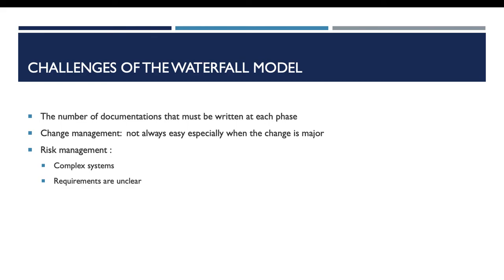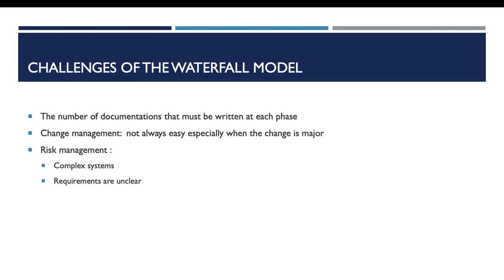And despite the two types of iteration that can be used when we have to modify the process, this kind of model is still not very good at adding modifications to the process, even when we have a major change.